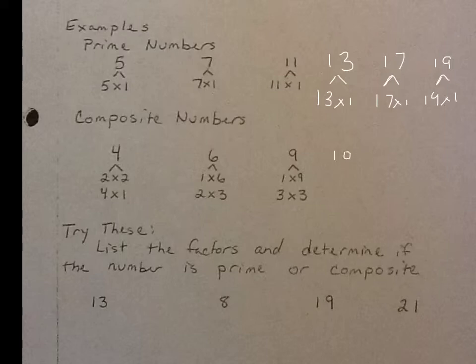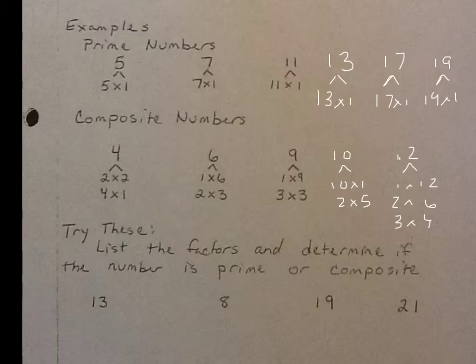Let's write 10 down here. 10, we have 10 times 1, and we have 2 times 5. And that's it for that one. 12 is actually completely a composite number because you have 1 times 12, you have 2 times 6, and you have 3 times 4. So you have 3 sets of numbers that can go into that one.